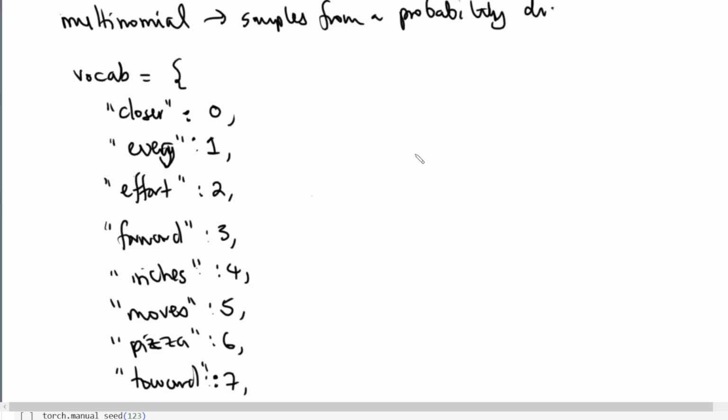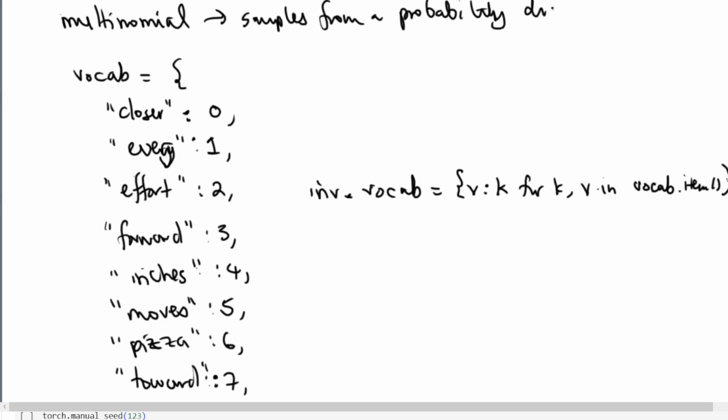We get our token IDs, and with our token IDs, we generate text via the inverse vocabulary, which is just defined as v: k for k, v in vocab.items(). So it just reverses the order. Now the key is the v, and the value is the k in that case. Cool. So now we know how it works. Token IDs are produced, we produce the text, well and fine.